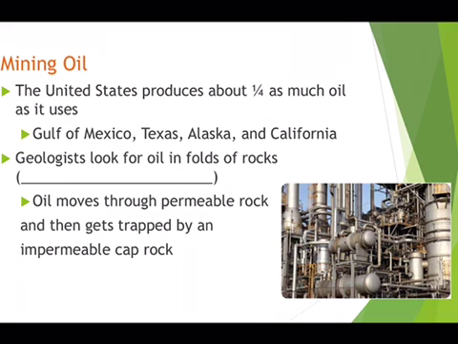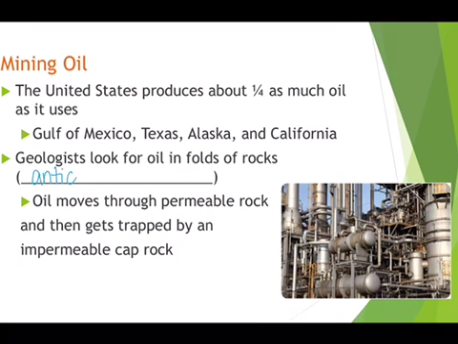And so the United States produces about a quarter as much oil as it uses. A lot of our oil is found in the Gulf of Mexico, Texas, Alaska, and California. And so in order to find it, geologists look for a folded layer in the rocks, and we call that an anticline.